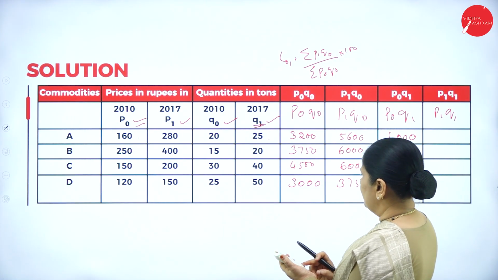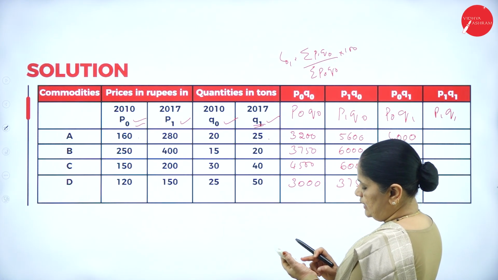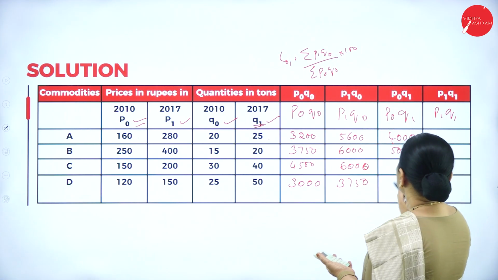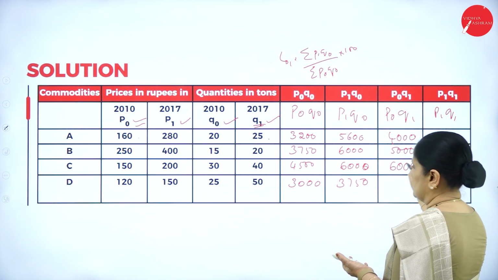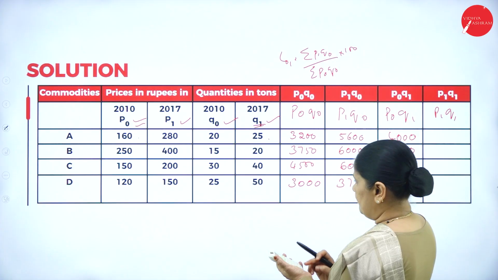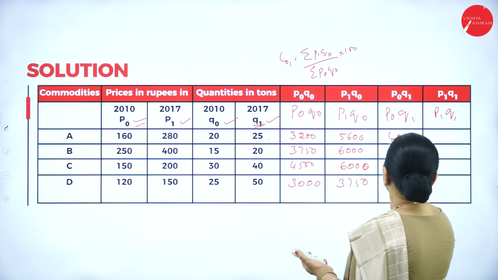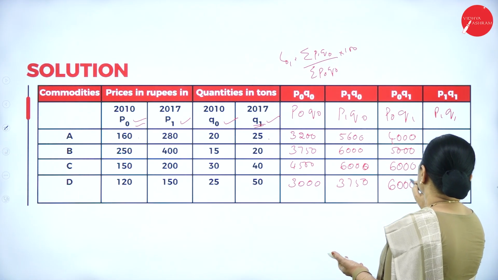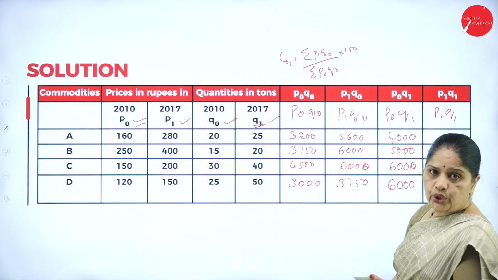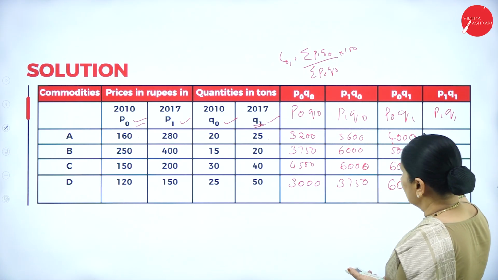Next, we have 150 into 40, 6000. Next, we have 120 into 50, that is 6000. So, we got P0 Q1.